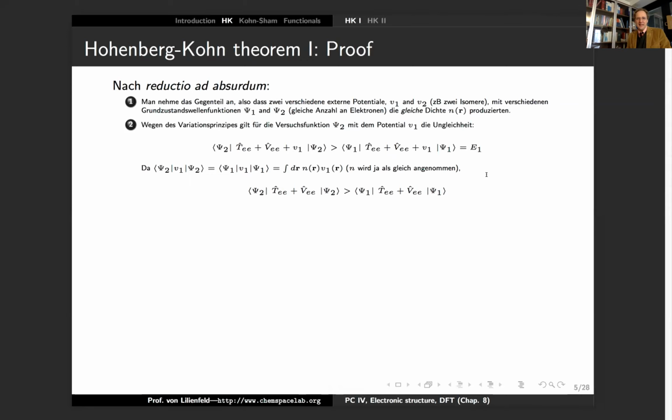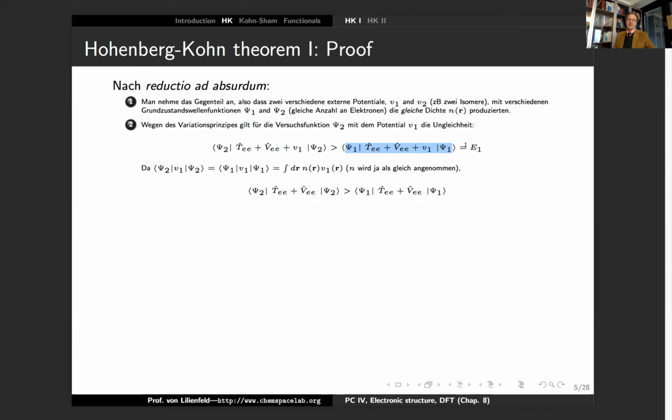So this means then that if I use my wave function psi2 for the 2-methylpropane, and I use this for the butane, I would get some crazy energy number, some crazy expectation value, which must be larger than if I use my butane wave function for butane. That's the simple variational principle.